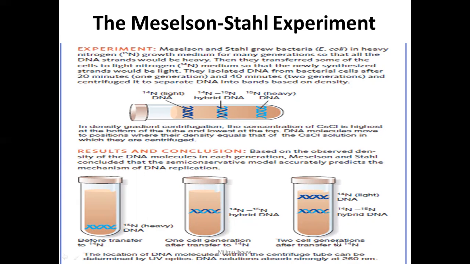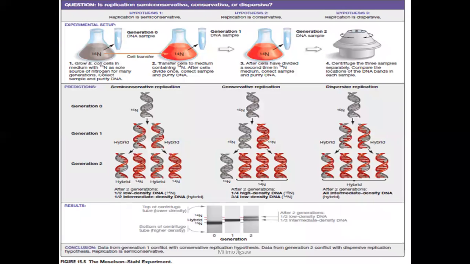And then after 2 generations in 14N, what happened is it was a mixture of light DNA and a hybrid DNA. So that's important. This is the semi-conservative hypothesis.